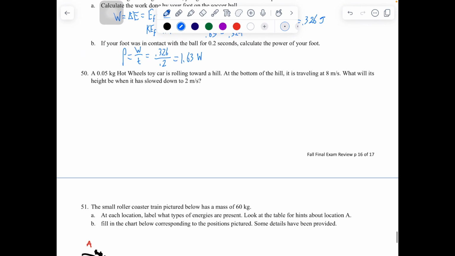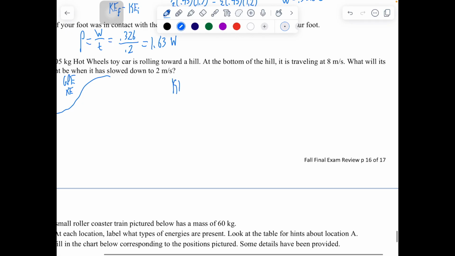Okay, so we start with energy. And we're starting here, we're going up. At the bottom, we have just KE. As we're going up, we have GPE and we have KE. So we'll say the kinetic energy we start with must be equal to that kinetic energy we end with plus GPE.